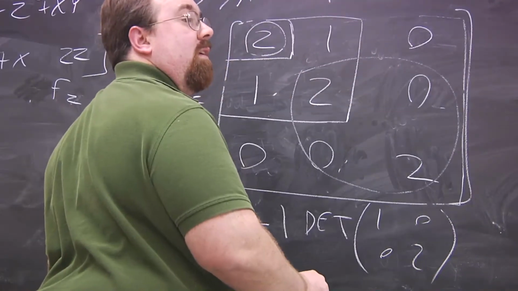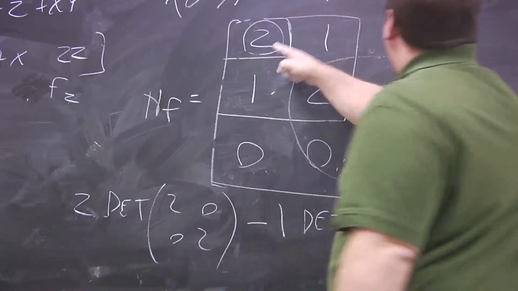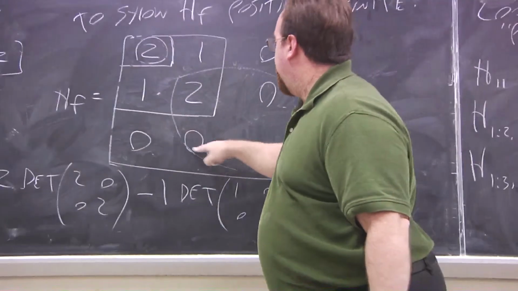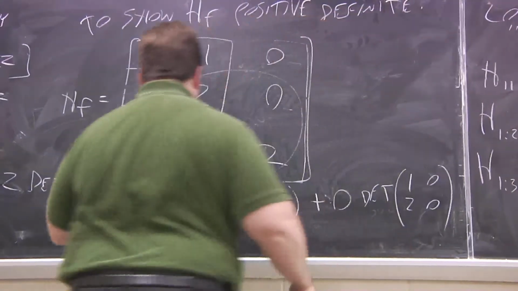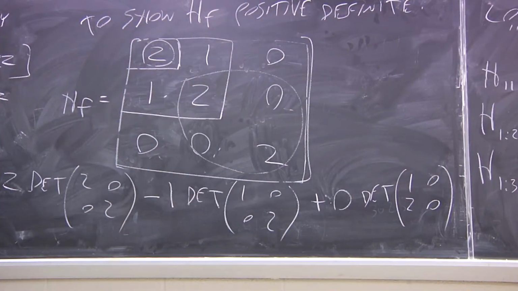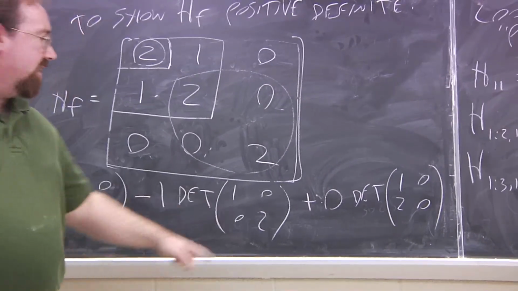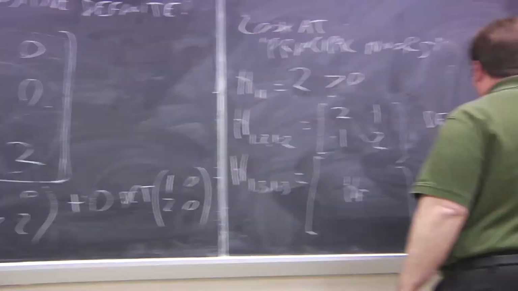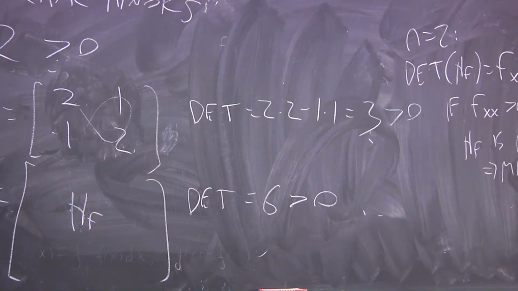Plus the third element, then you delete the first row and third column. So that would be 1, 0, 2, 0. And you keep alternating signs as you go across. So we get 2 times 4 minus 1 times 2, and then this is 0. So the determinant of the entire matrix is 6. That's positive, so all are positive.